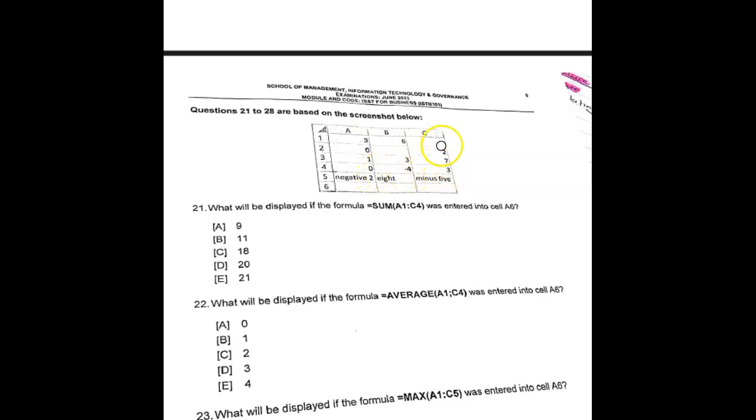So if I add up all these numbers, 4, 5, 6, 7, 6, 5, 4, 3, and then 3 plus everything here. Let's see. It's 21. Hold on. Yeah, my counting is messed up, but yeah, it's 21, right? So the answer is E.